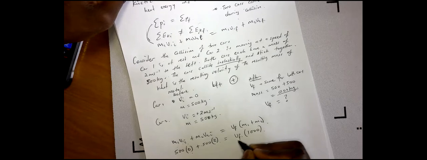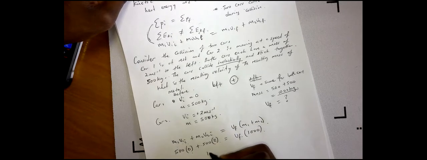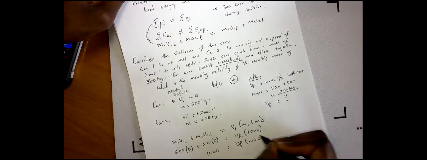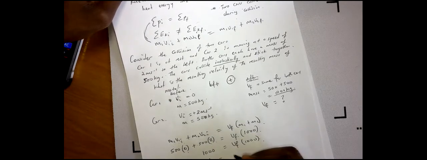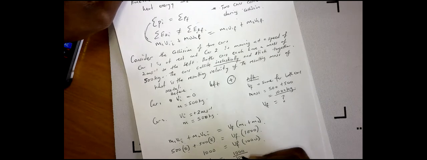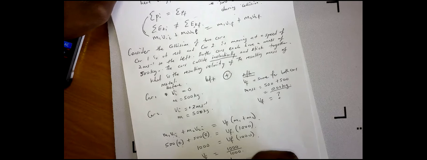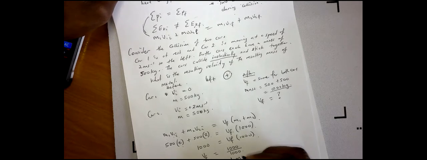So V final here, if we divide both sides, 1000 is equal to V final times 1000. So V final should be equal to 1000 over 1000, which is equal to 1 meter per second.